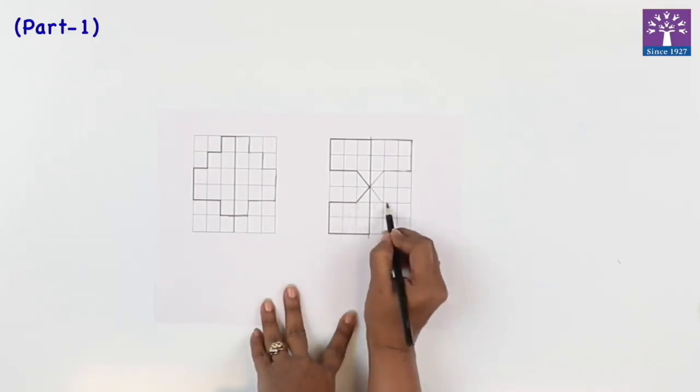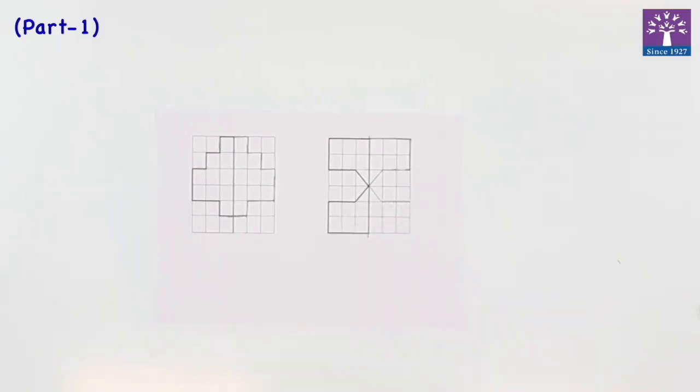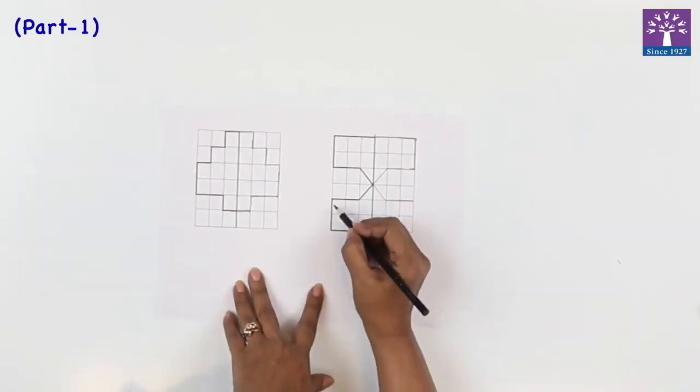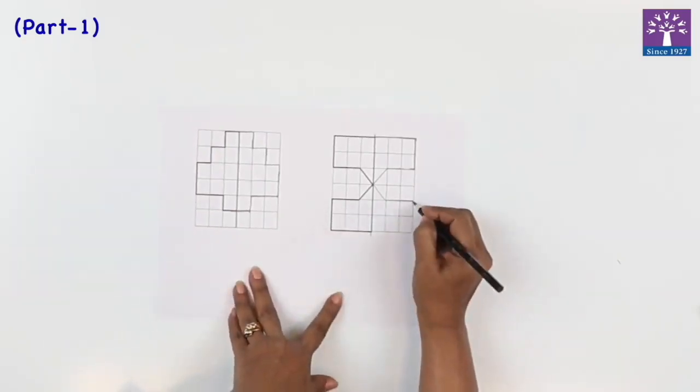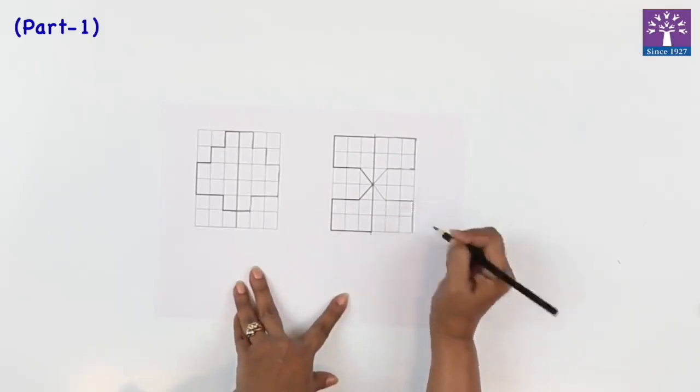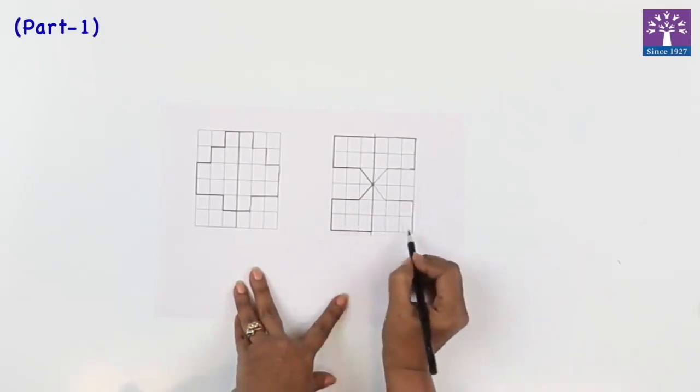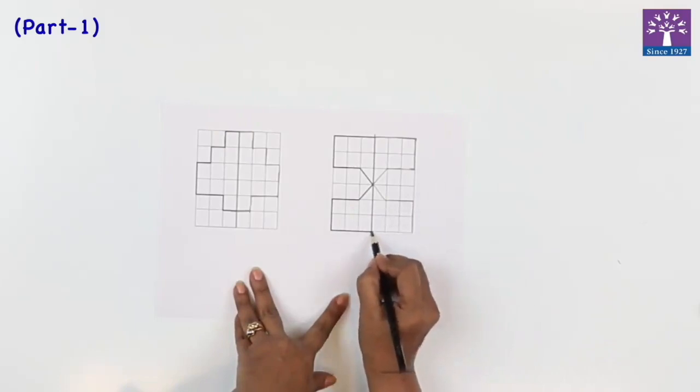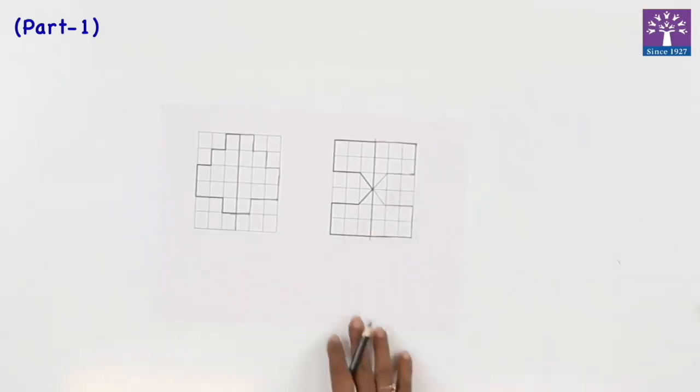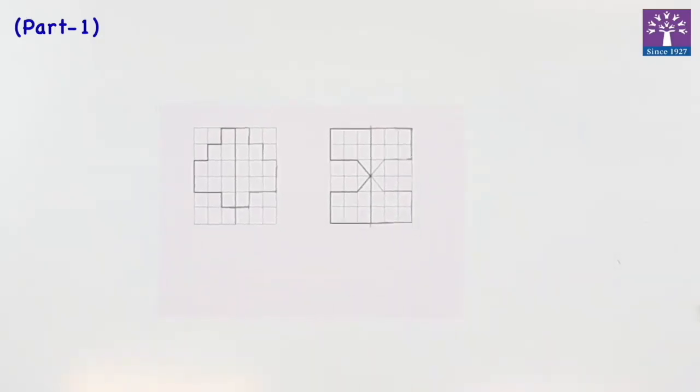See, we have a horizontal line. Again the same, 1, 2 going down. 1, 2, 3. And we join here. Our second shape is also ready. Doesn't it look very simple now?